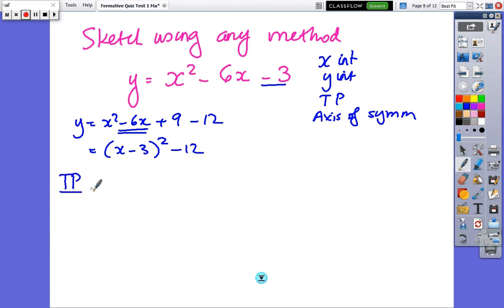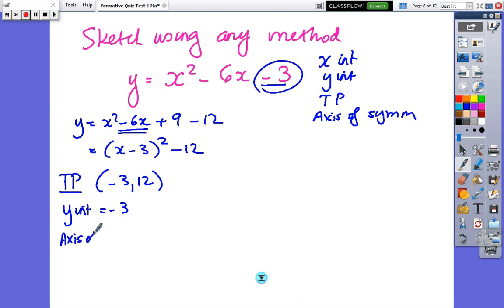So the turning point is minus 3, minus 12. Okay, the y-intercept comes from the original equation, which is just minus 3. The axis of symmetry is easy. Axis of symmetry is just that number, x equals minus 3. And so the only hard part to do is the x-intercepts, which is y equals 0.